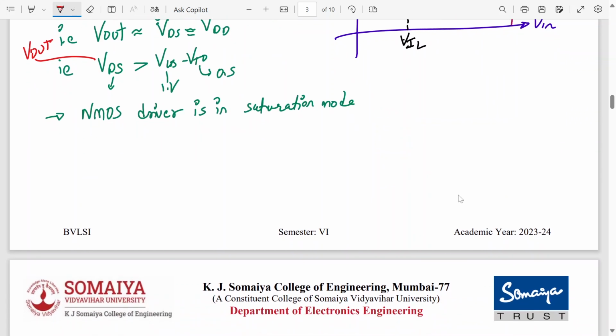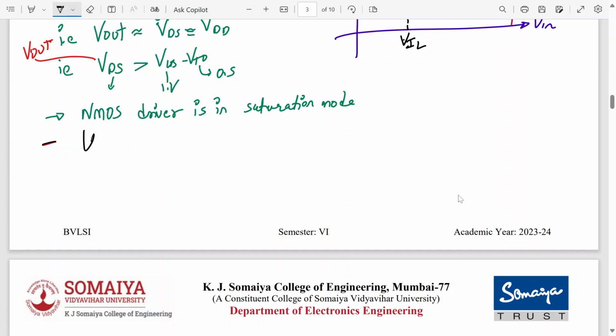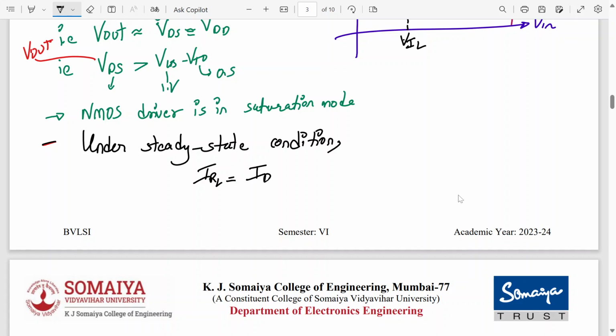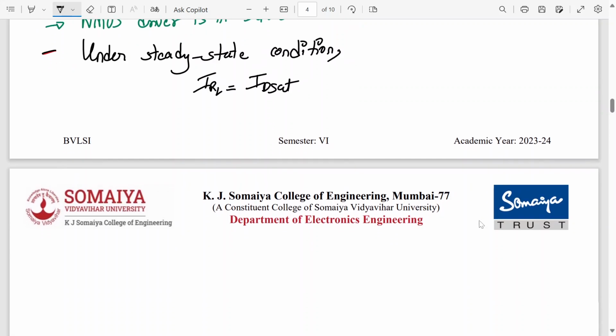Under steady state conditions, write down IRL is equal to ID sat now, because we are in the saturation mode of operation. So what is IRL?